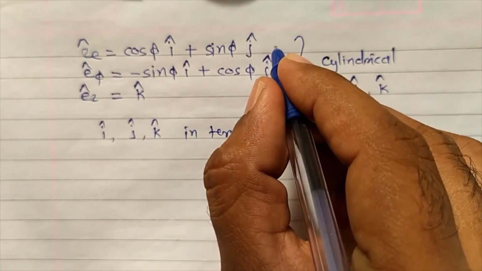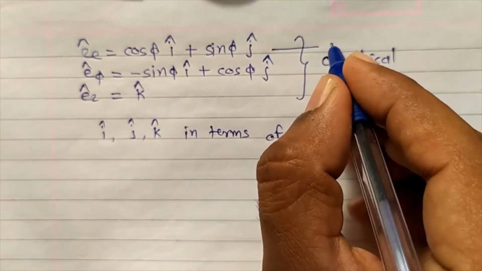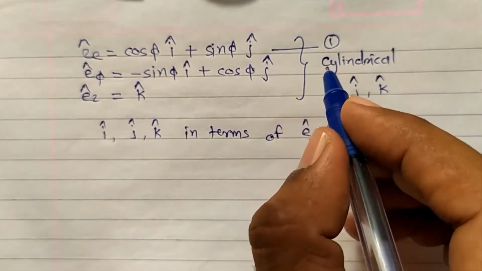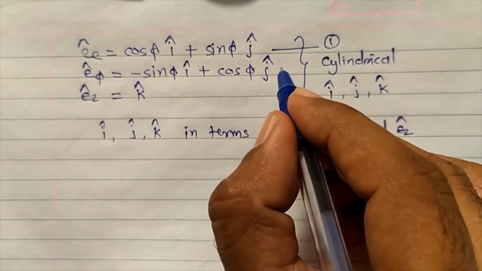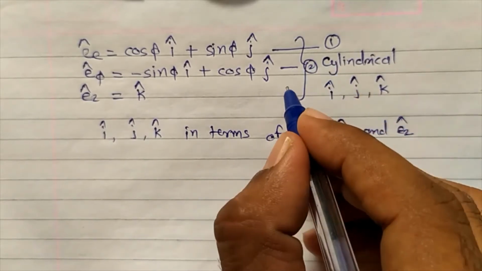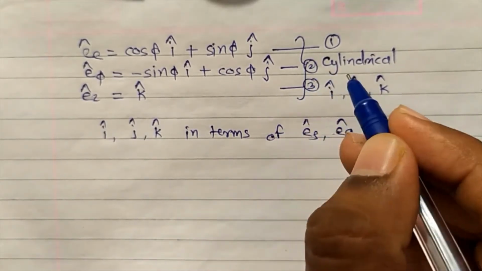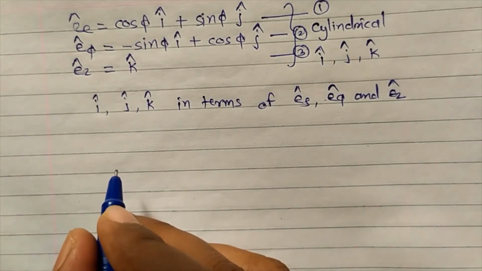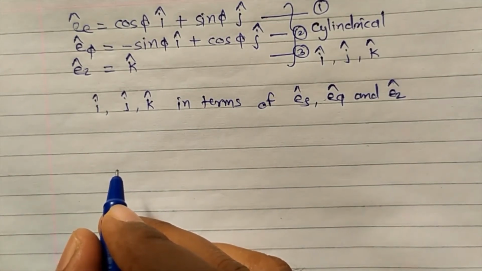I will number these equations: this is equation 1, this is equation 2, and this is equation 3. First I will work out i.